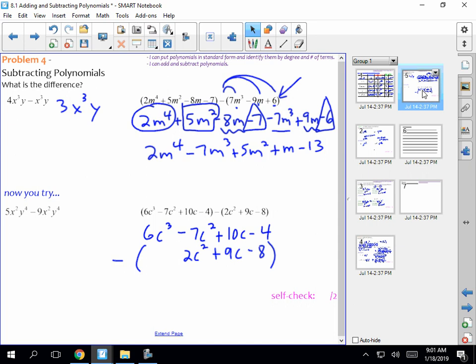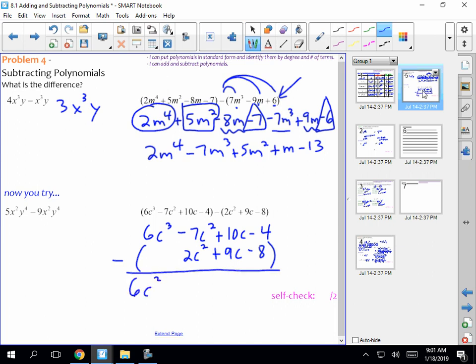Don't keep going back to the minus sign. So that's 6c cubed minus nothing is going to be 6c cubed. And then I have negative 7c squared minus 2c squared is negative 9c squared. Let's back up again here. I'm taking negative 7 minus 2.